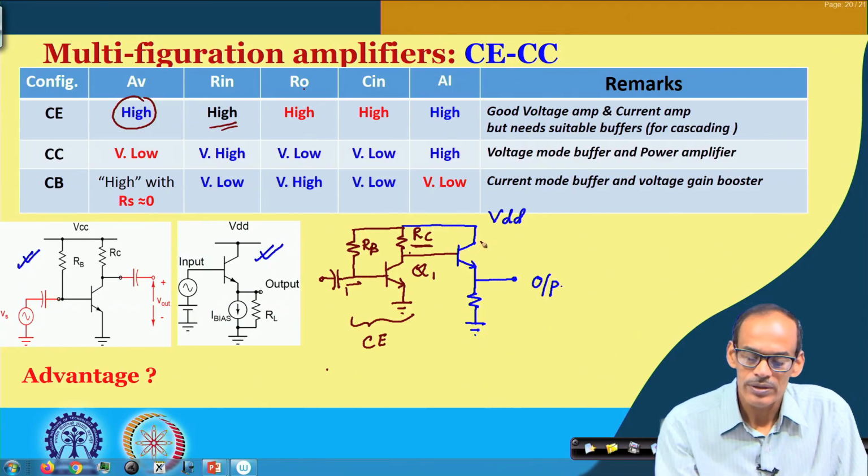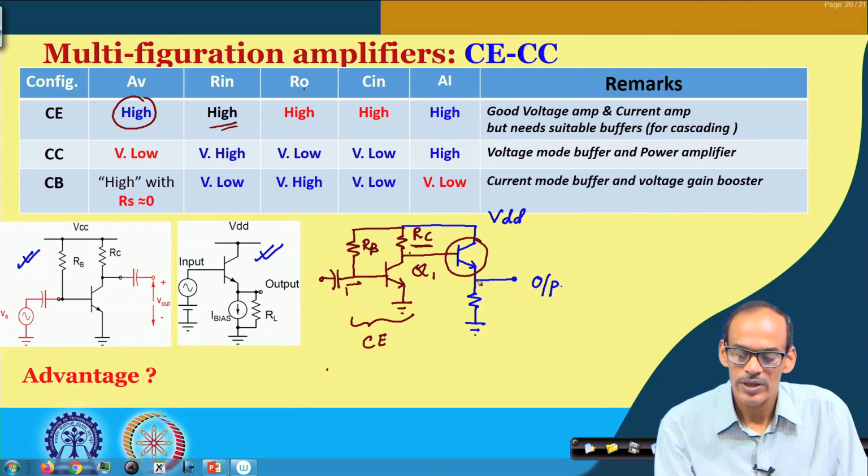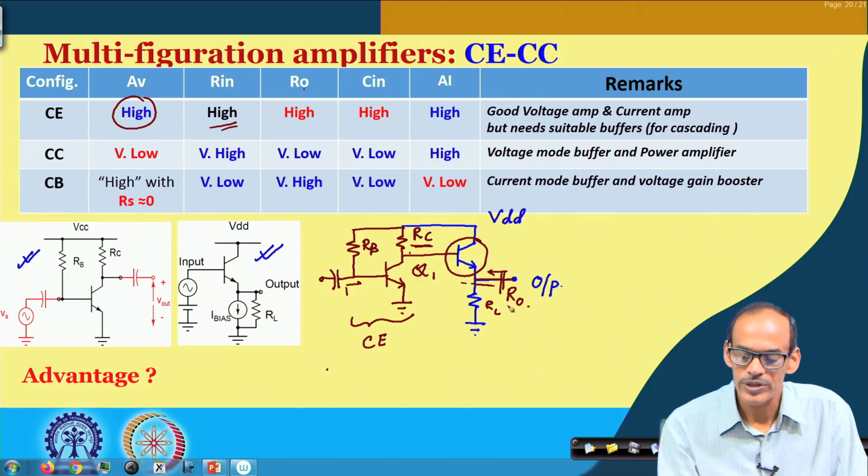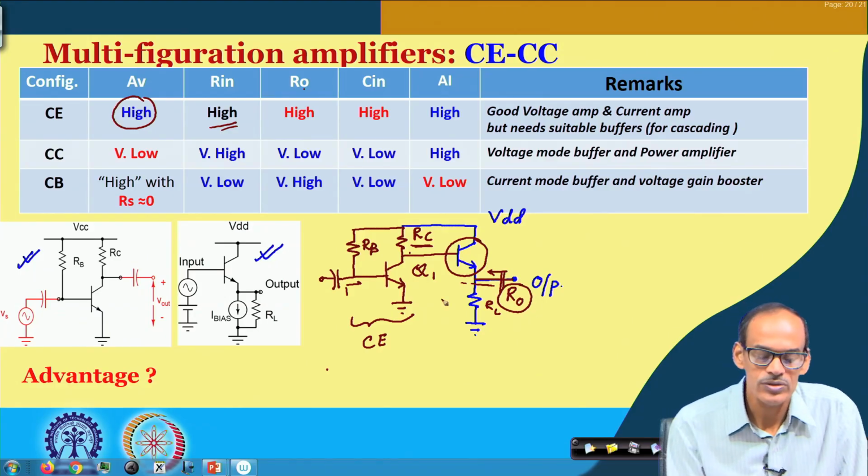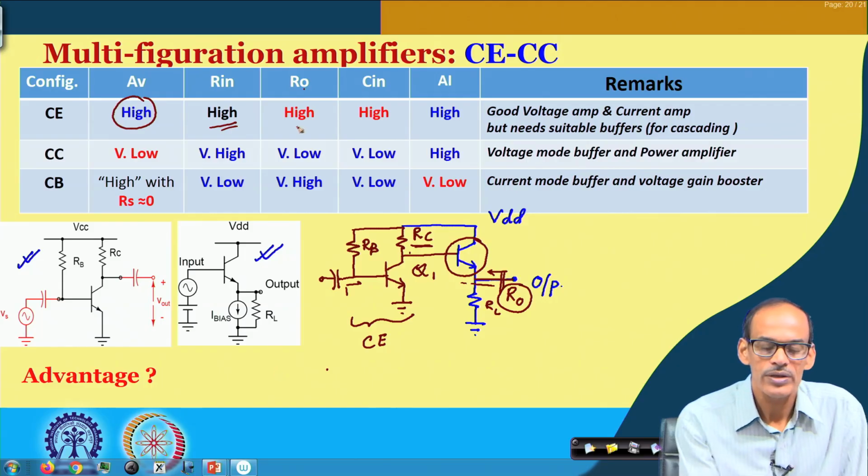But if we simply cascade it with CC, we anticipate that the resistance coming to the output port, without considering this RL, if I consider only up to this one and see what the output resistance is, we expect that this final output resistance should be much smaller than this one.